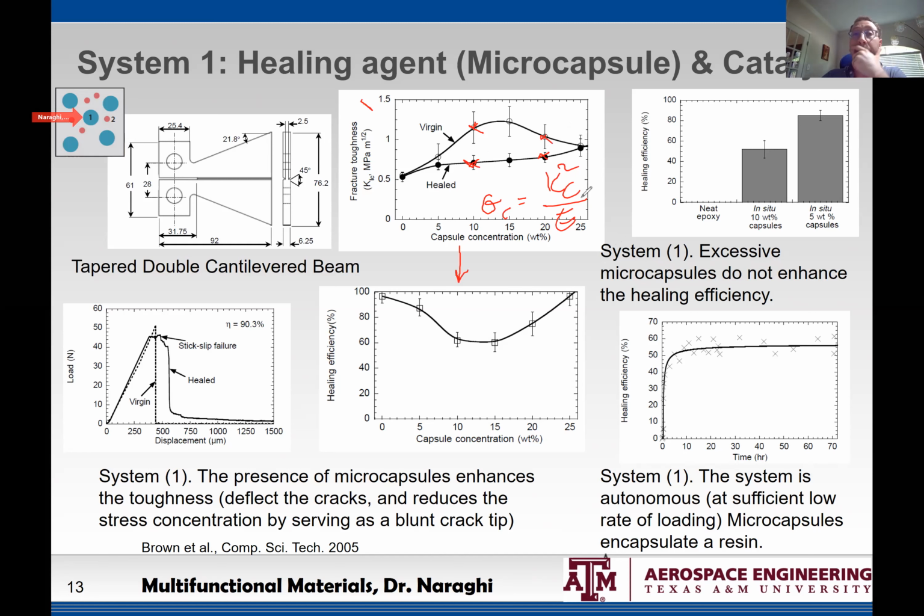However, the concept I want to explain to you is this. First, let me make sure you have the question before I give you the answer. The question I want to pose is that virgin material is a material without healing agent. So what does the capsule concentration have to do with the property of the virgin material?